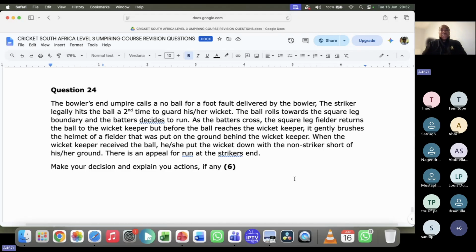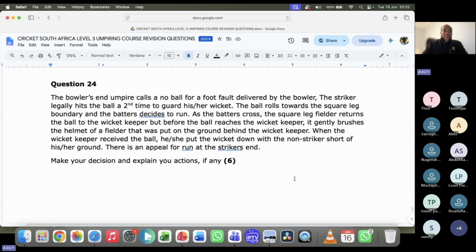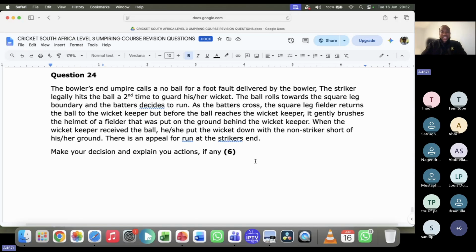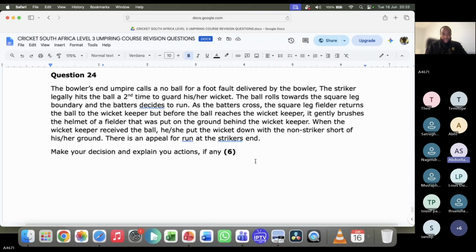There's obviously going to be an appeal. What is your answer to the appeal? And explain your actions, if any. Quite a lot going on there, Abdullah. Any hands, please? Our usual two suspects, Tom. Let's keep it a few seconds. There's lots happening here.